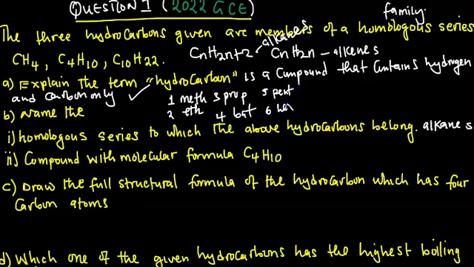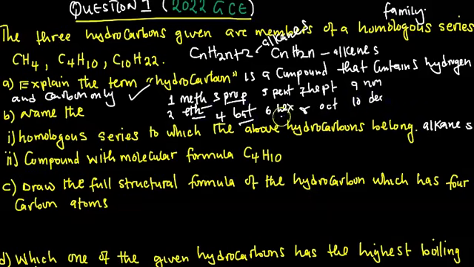6, we have hex. 7 is hept. 8 is oct. 9 is non. And 10 is dec. These are the prefixes, what you put at the first part of the name. Then it depends, are they alkanes, alkenes, or what? If they are alkanes, then at the end you just add ane, that is A-N-E.